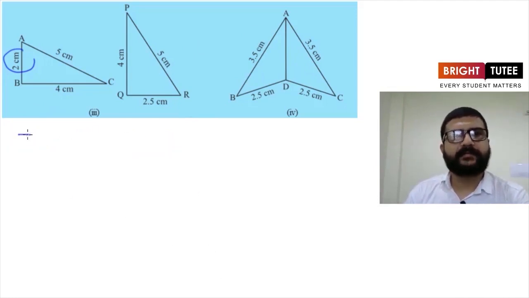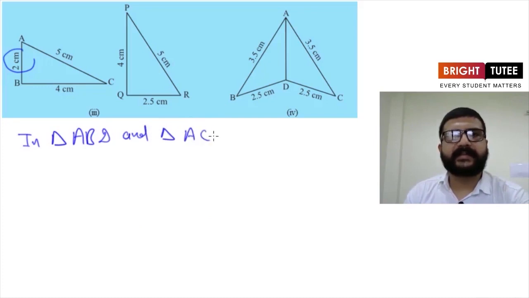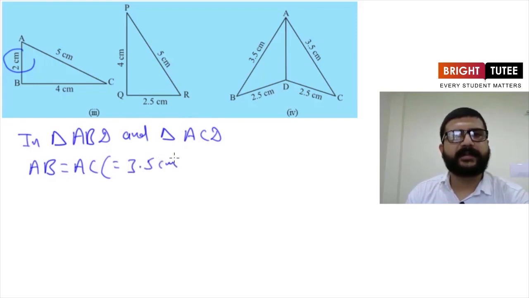So we can write now in triangle ABD and triangle ACD. In triangle ABD, AB is equal to AC. Here we can write AB is equal to AC and they both are equal to 3.5 centimeters.